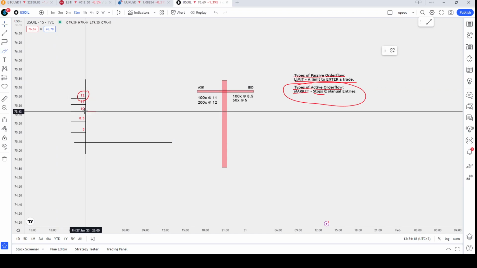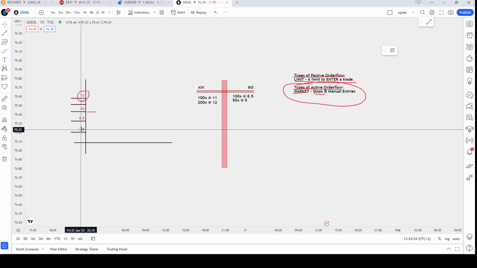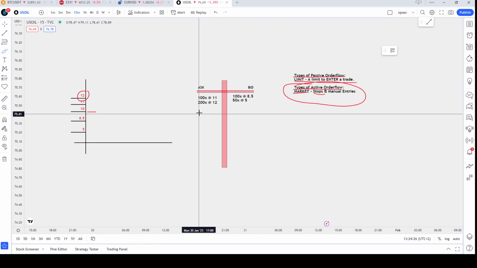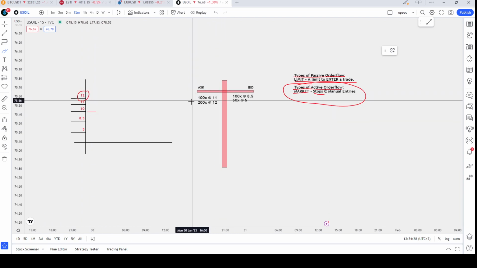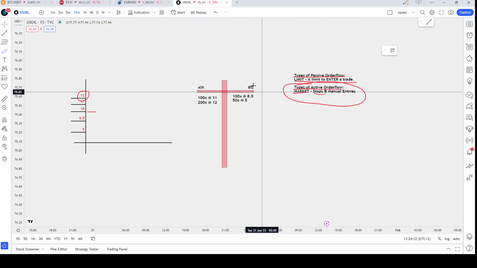So over here I drew a chart, right? Here's a price of 10, 11, 12, 8.5, and 5. Now as you can see, I drew out some asks and some bids. Asks as in sell, bids as in buy.